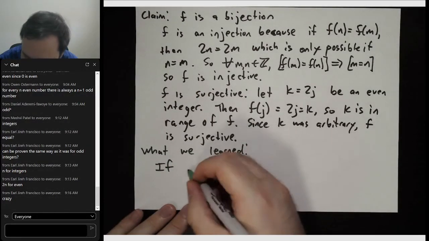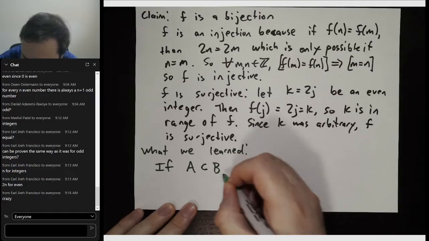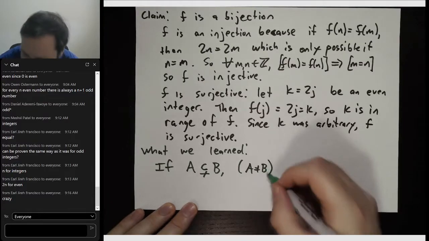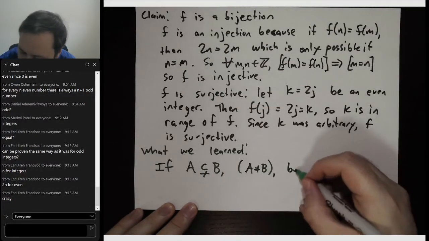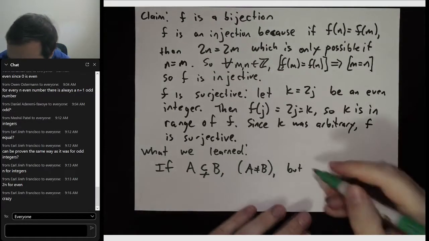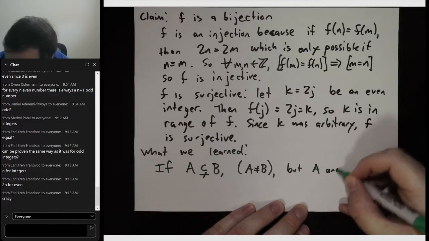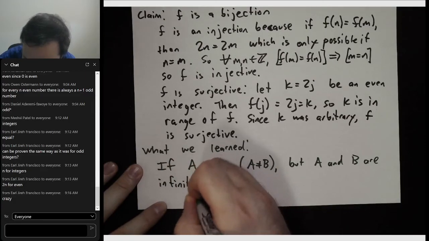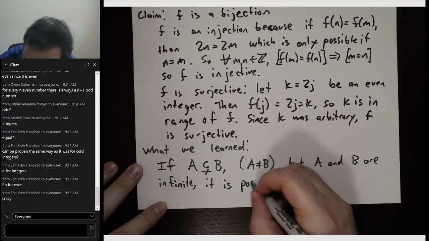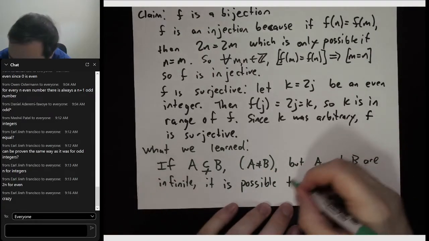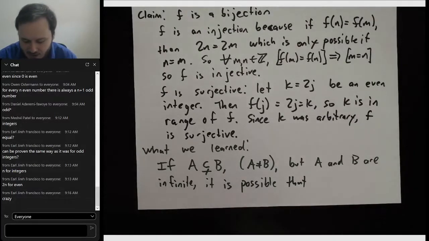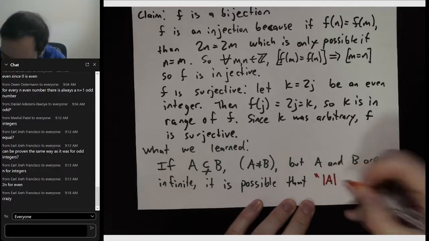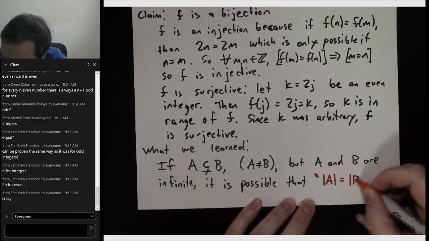If A is a subset of B, so in particular, A is not equal to B, it's a strict subset, but A and B are still infinite, it is possible that, and now I'm going to write this in a different color and in quotation marks, "size of A equals size of B."